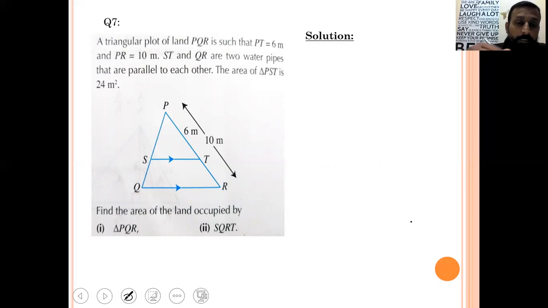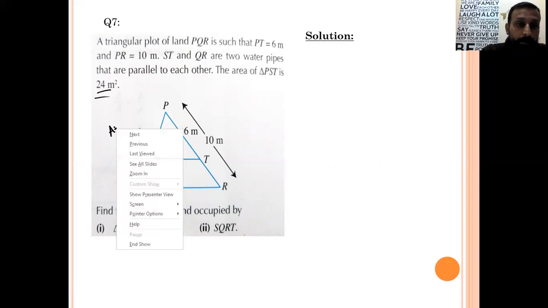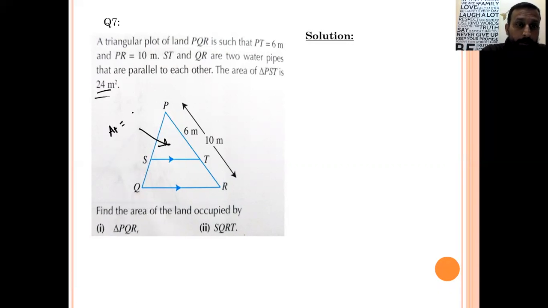So boys and girls, the first thing is that they have given you the area of the first small triangle PST as 24. A1 is equal to 24 meter square. Now what is required? The area of the big triangle PQR.